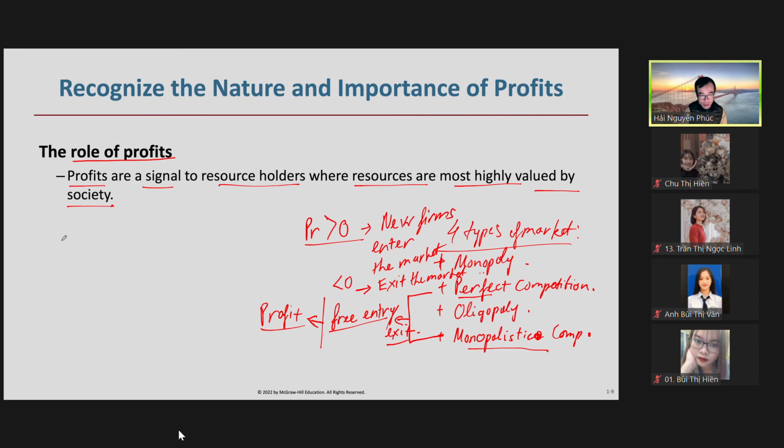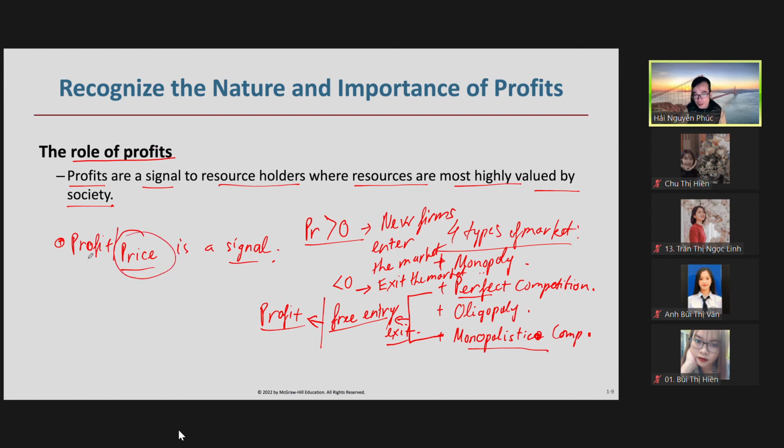The next point, you can see that for people, it is not very easy to observe the profit of the firms, right? So that's why at the beginning of the class today, I told you that profit is a signal, but price is also a signal. Price is also a good signal. Why?